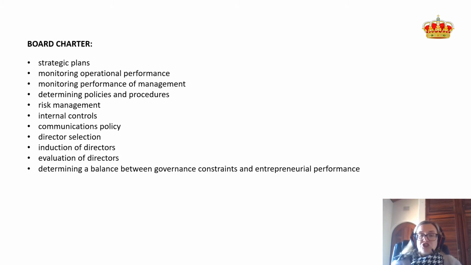Then, in order to ensure that those 4 bullet points can be discharged, risk management, internal controls, and communication policies become very important. How do we select the number of people on our board? How do we make sure that when these people are joining our board, they can actually add value as quickly as possible?